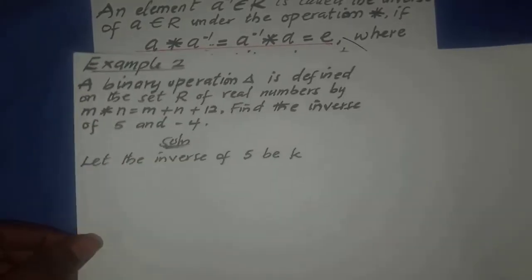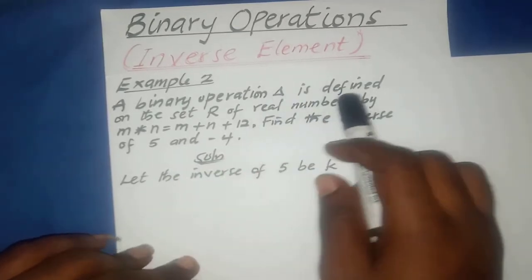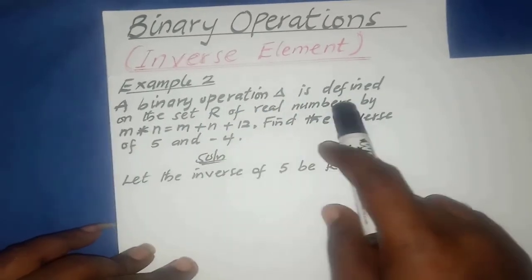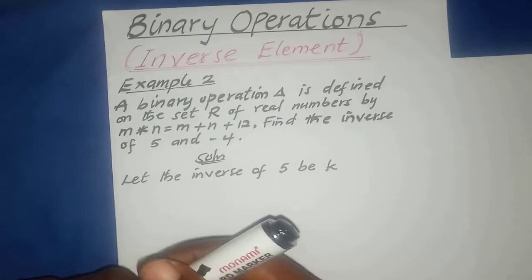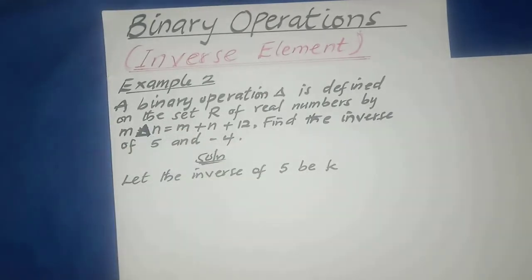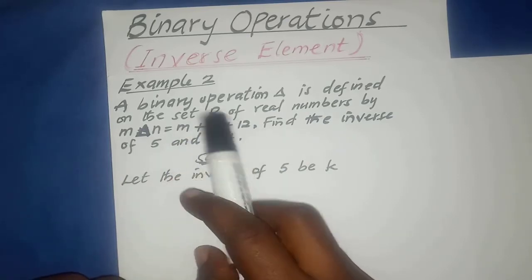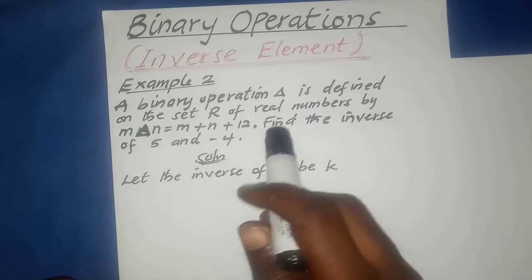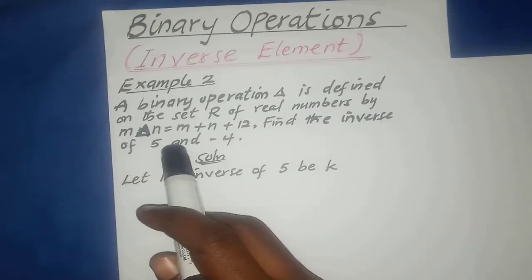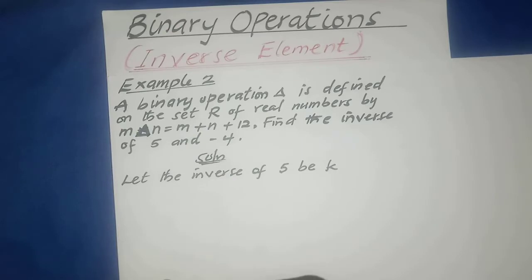Now let's take another example. This one says that a binary operation triangle is defined on the set R of real numbers by M triangle N is equal to M plus N plus 12. Now I want to find the inverse of 5 and what? Negative 4. The inverse of 5 and negative 4.